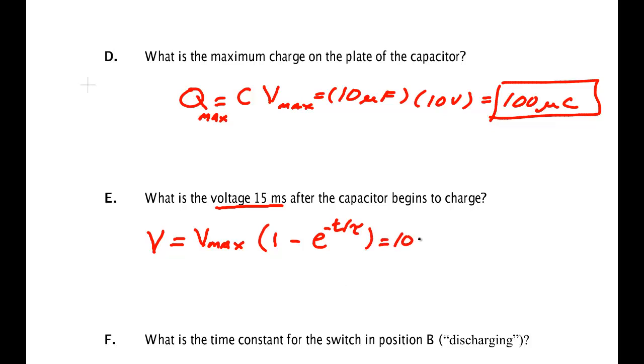So it'd be 10 volts times 1 minus e to the minus 15 milliseconds divided by 20 milliseconds. So we actually have to punch that. We'll need a calculator here. And we get that it's 5.28 volts.